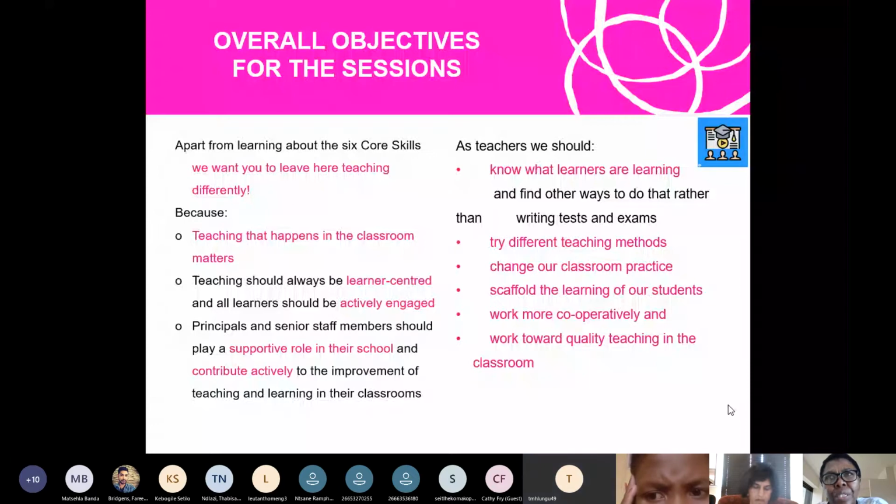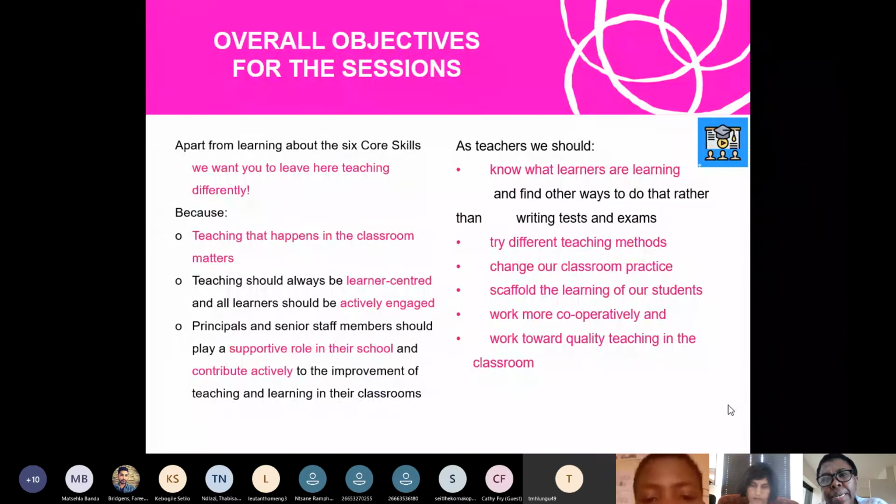And we want our teaching to be learner-centered and to ensure that our learners are actively engaged in our classes. And then we also want the principals and senior teachers to play a supportive role in their schools and contribute effectively to the improvement of teaching and learning in the classroom.